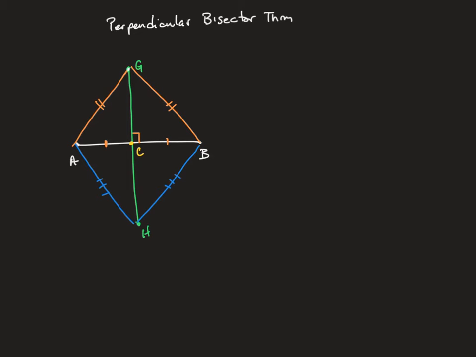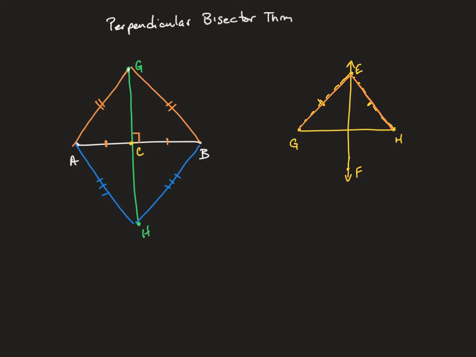If I have a segment, and we'll call this GH, and it is bisected by a line, and we'll call it EF, and E is equidistant from G and H, its endpoints, then that is a perpendicular bisector.